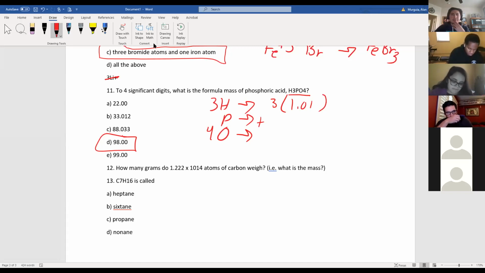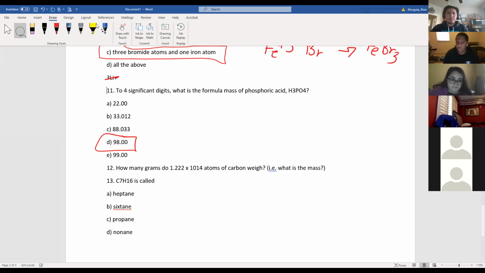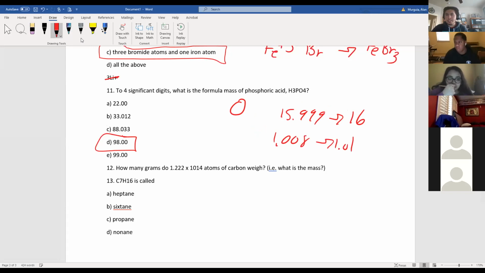Oh yeah, when we're solving this, do we round the atomic masses or do we just keep them relatively the same? It depends. For example, if you're working with oxygen, it's 15.999, so it's safe to round it up to 16. Or if you have something like hydrogen, which is 1.008, typically I like to work with 1.01 because it's a little bit more accurate.